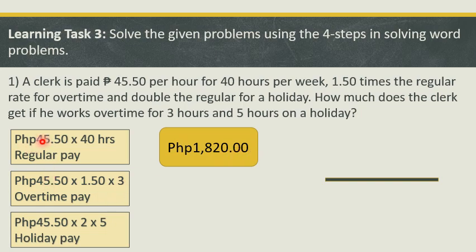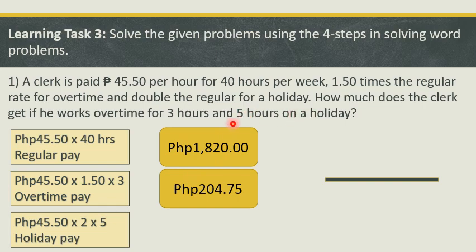So, kunin na natin yung regular rate times 1.50 times 3. Okay, kasi regular rate is 45.50. Okay, so pag minultiply natin yan, ang makukuha natin is 204 and 75 centavos. Okay, so yun po ang bayad sa kanya sa overtime niya.